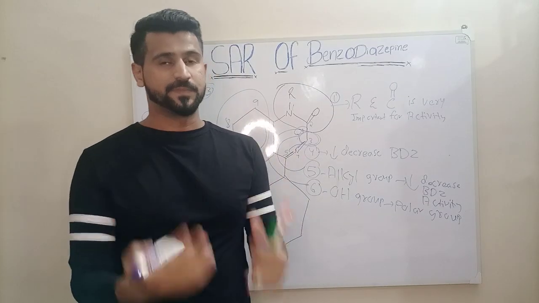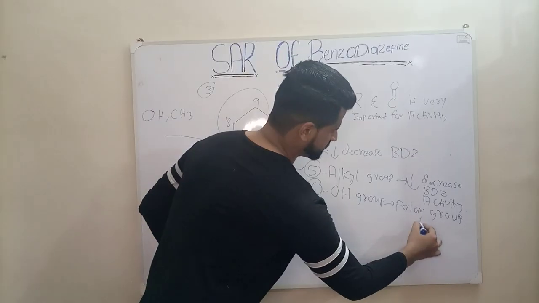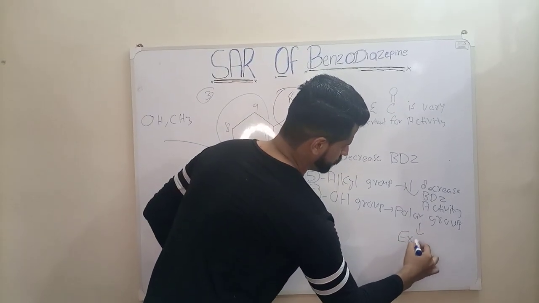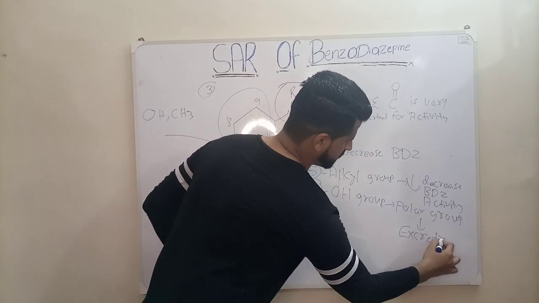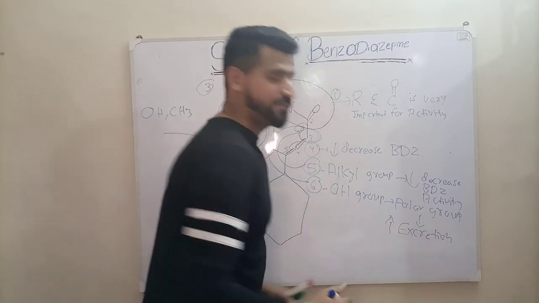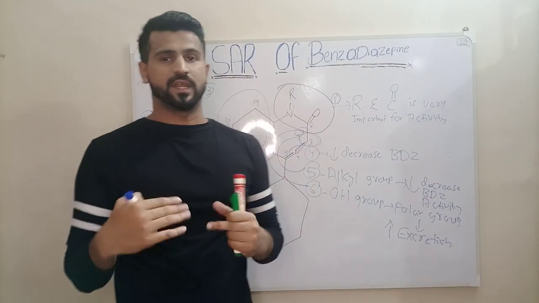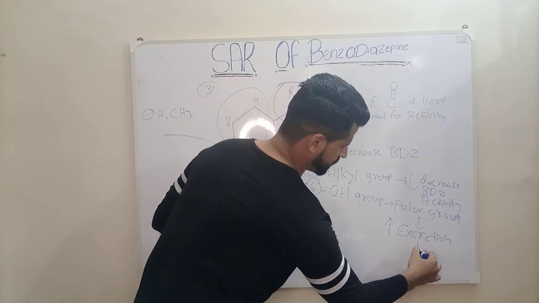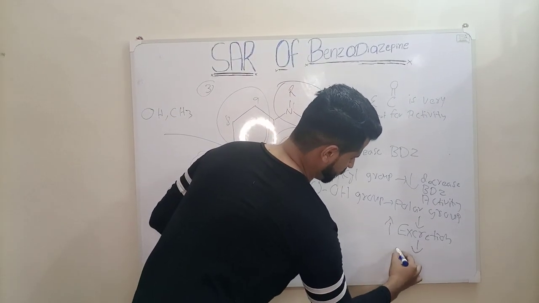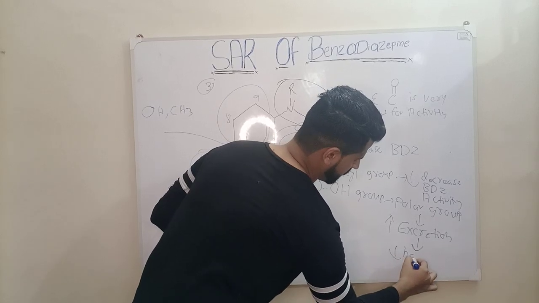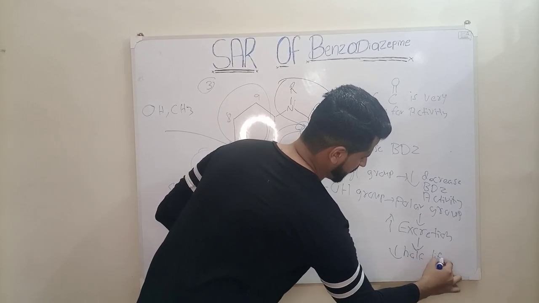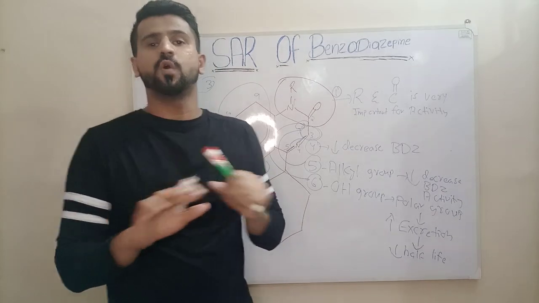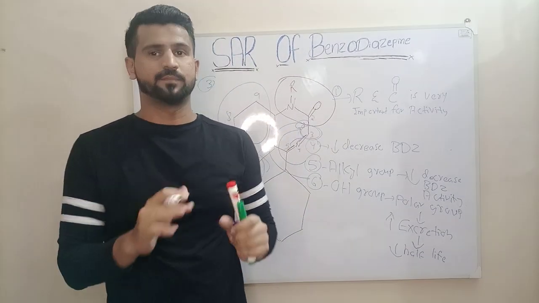If the benzodiazepine becomes polar, excretion through the kidney increases. If excretion increases, the drug is not retained in the body and is excreted, and the half-life decreases. If the half-life decreases, there is no more concentration of the benzodiazepine inside the body.